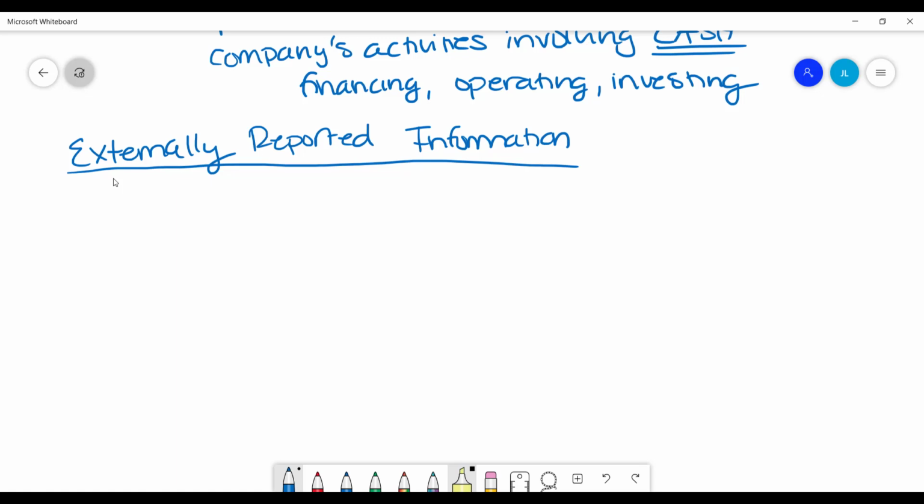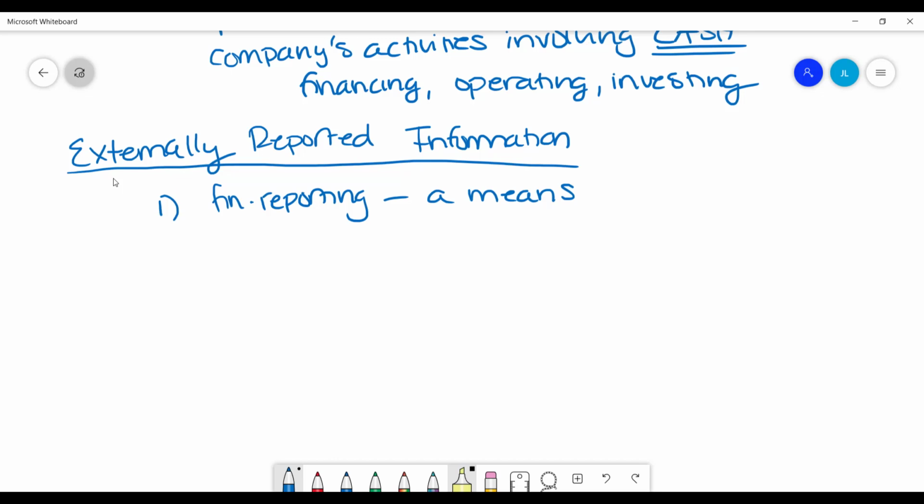Well, financial reporting is a means to an end and not an end in and of itself. That might be a phrase that some of you have heard before. So it really has a purpose beyond it just being information, right? It has a purpose. And what is that purpose, right?